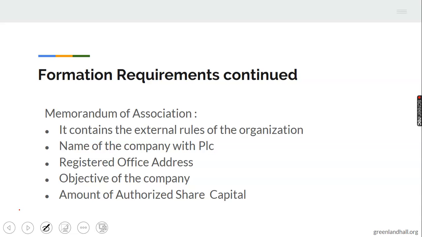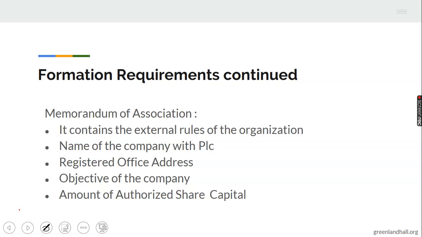Then we have a memorandum of association, and this one contains the external rules of the organization. That is, those things that guide the activities of the company outside. For example, some of the things that are found in this particular document include the name of the company with PLC, or with limited if it's a private limited company, then we have the registered office address.